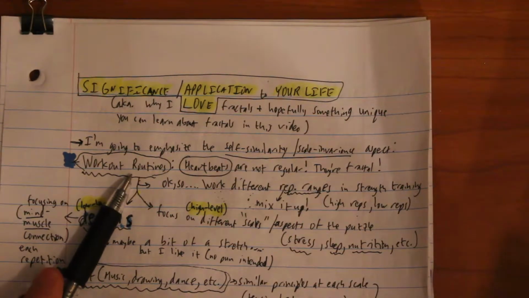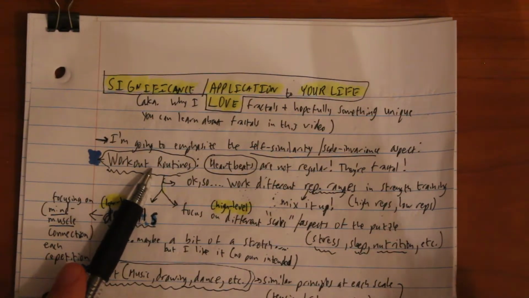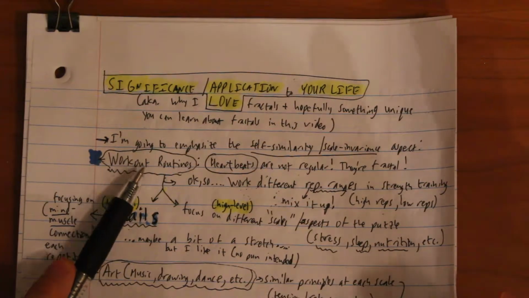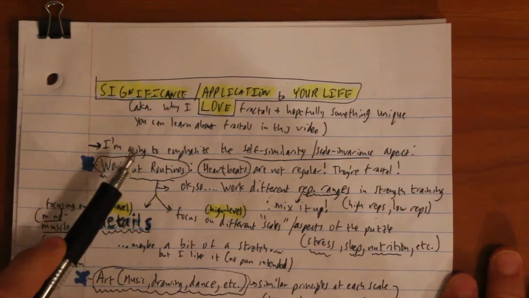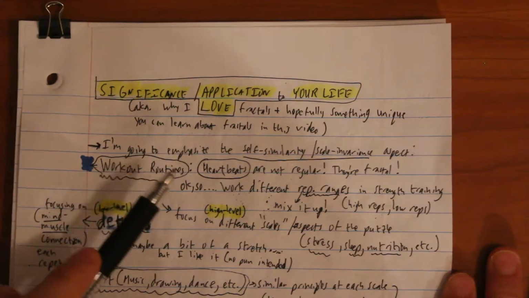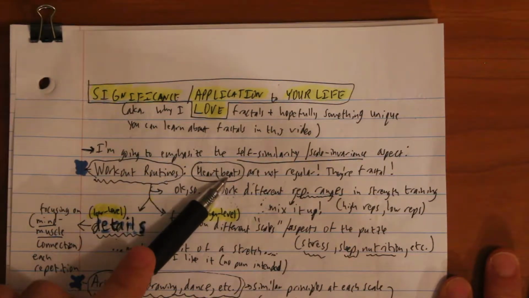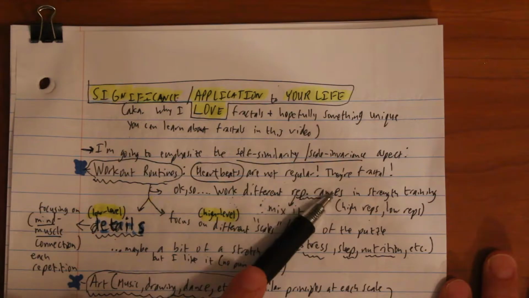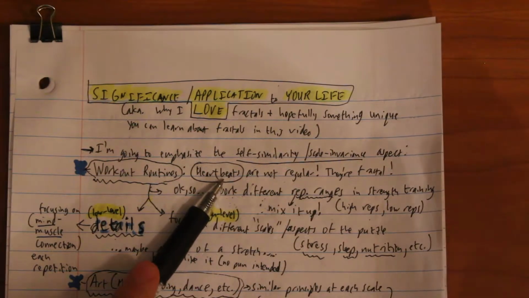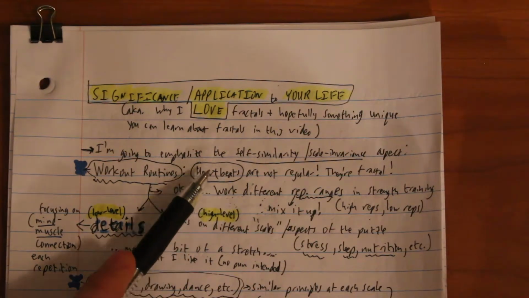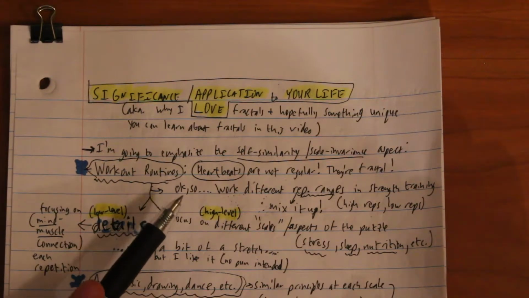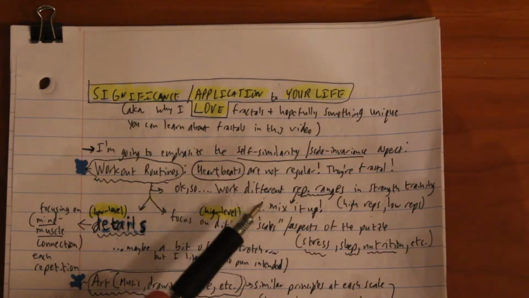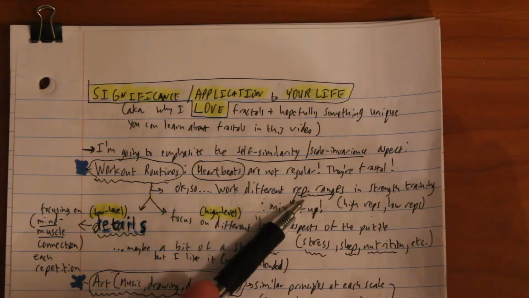I know this is educational videos, math, English, whatever, but hey, fitness is fair game because that involves education. So workout routines. Your heartbeats are actually not regular, they're fractal. So just as parts of your body are already fractals, we might think, can we apply this to actual workout routines?